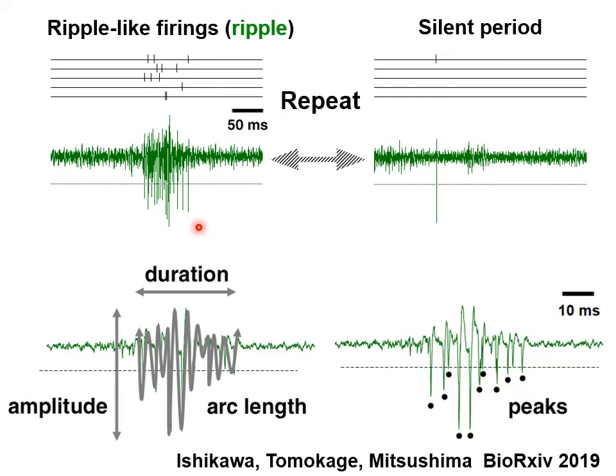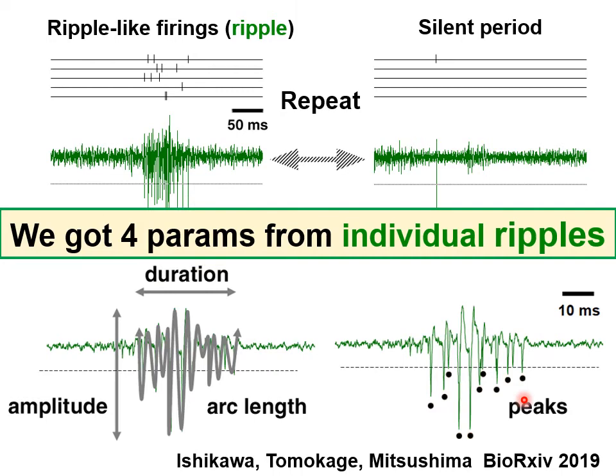Hundreds of ripples were generated again and again. After recording, we measured 4 parameters from each individual ripple: amplitude, duration, arc length, and the number of firings, or peaks. Let me show you short movies.